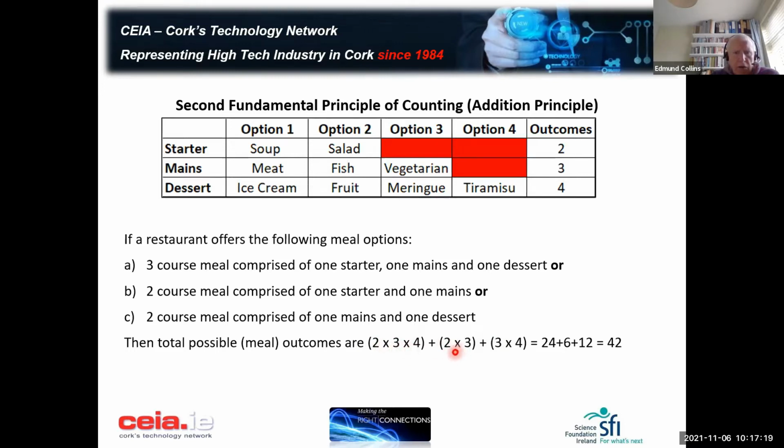The second option, 2 by 3, so 2 starters by 3 mains, and then finally we have 3 mains by 4 desserts. So it's 24 plus 6 plus 12 equals 42. So they're the number of options, a lot more than we had with the multiplication principle.